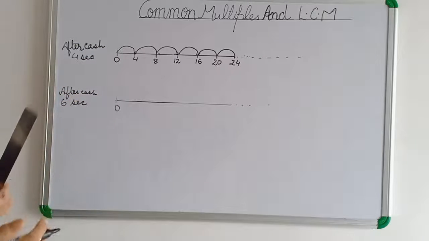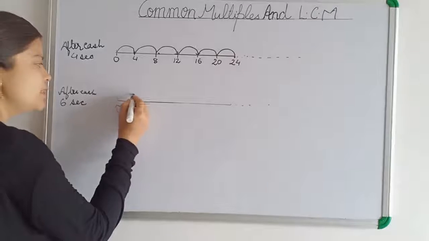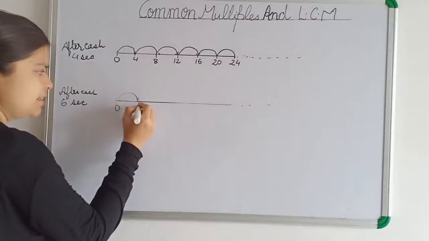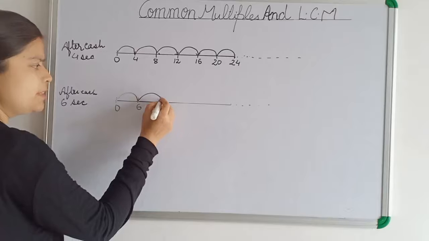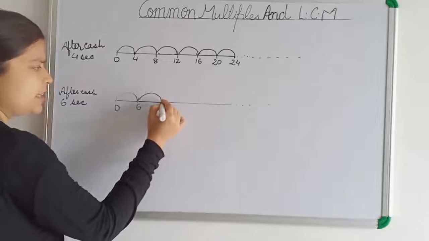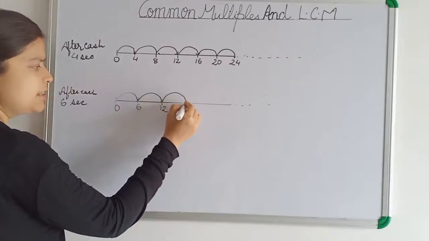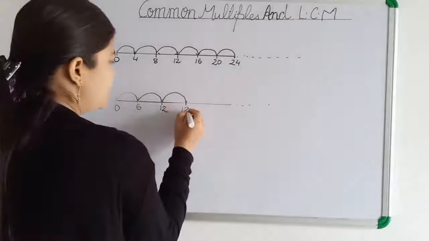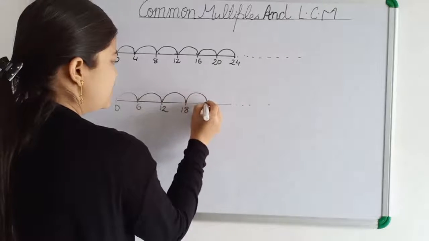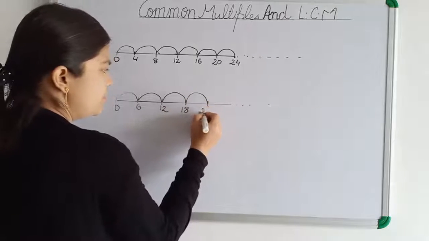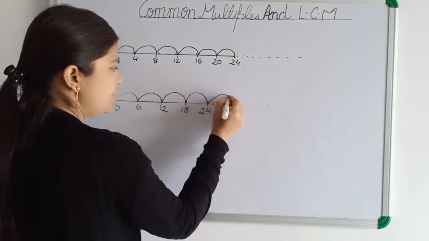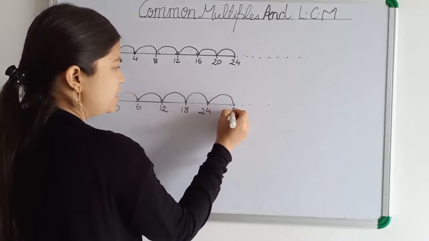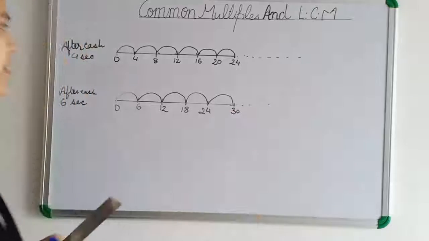Let's see, the first yes he will say at 6, then again after 6 it will be 12, then 18, then 24, then 30, and so on.